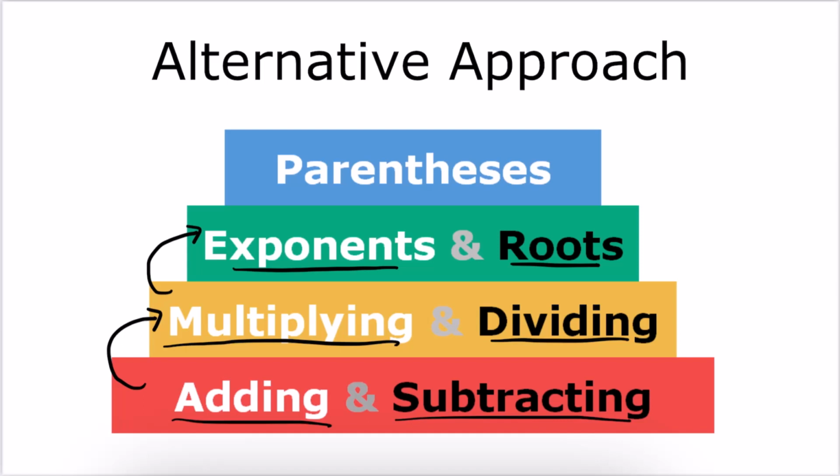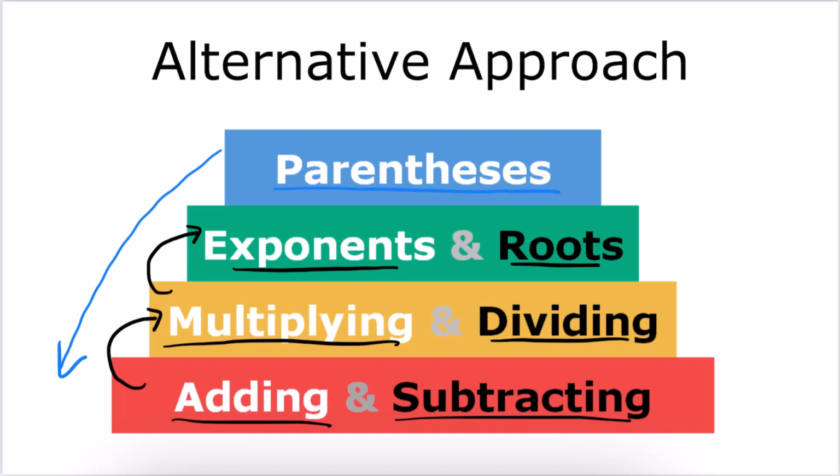And so I like to teach my students that order of operations basically says that you work from the hardest level down. And if they want you to work in an order that's different than that, then they'll put parentheses around it. And so the way that I explain it is that it's kind of like a pyramid, and you always do parentheses first, and then after you do parentheses, you just work your way down the pyramid, working from left to right.